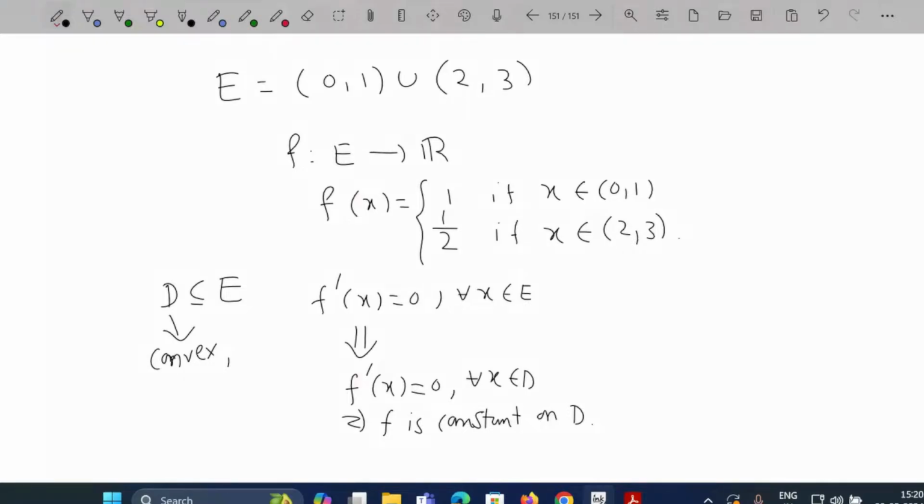Then what will happen? Can you find a counterexample in that case? That's the question.